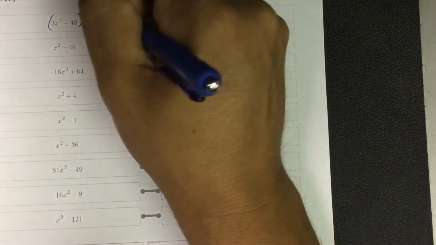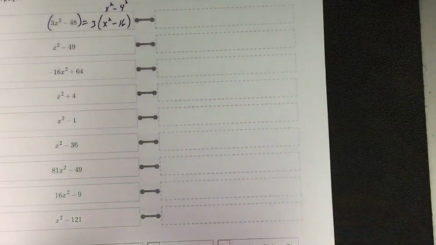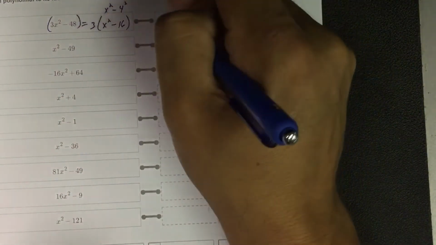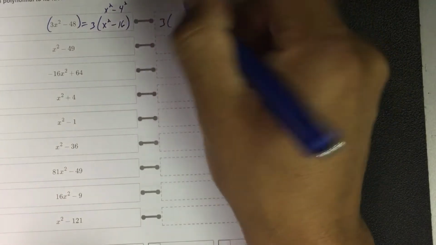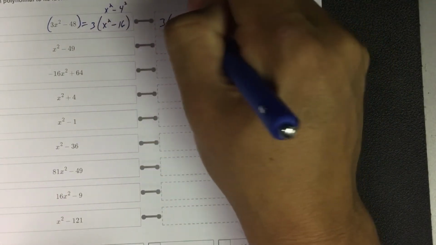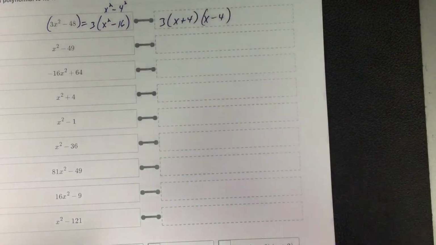Right, so now I know this is x squared minus 4 squared, because 16 is 4 squared. So now I got the difference of squares. So I got the 3 in front, I got x plus 4, and I have x minus 4. Pretty easy, right?